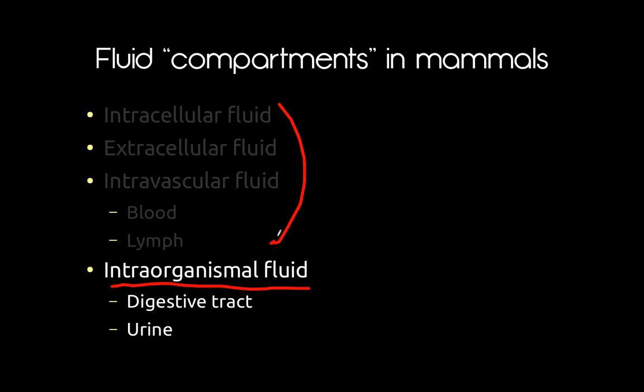And in fact, this intraorganismal fluid will often be varied in its composition a lot due to the regulation that we're doing in the intracellular, extracellular, and intravascular fluid. Essentially, the waste products that we are generating by trying to regulate these other three compartments are going to be put into this intraorganismal fluid and stored there.